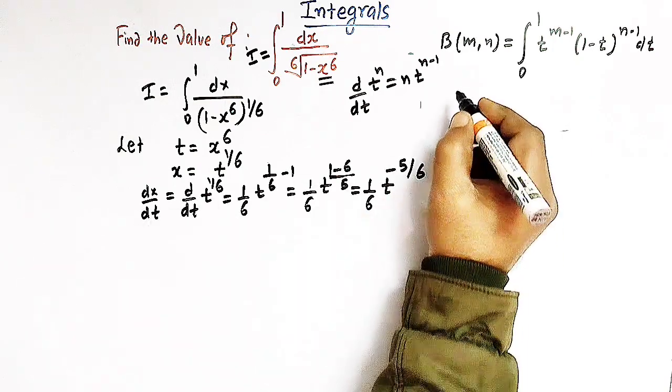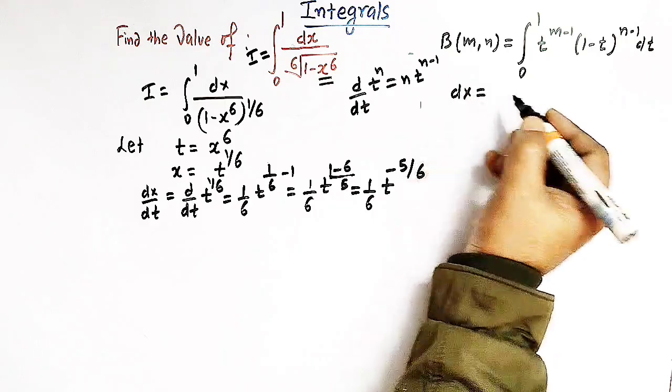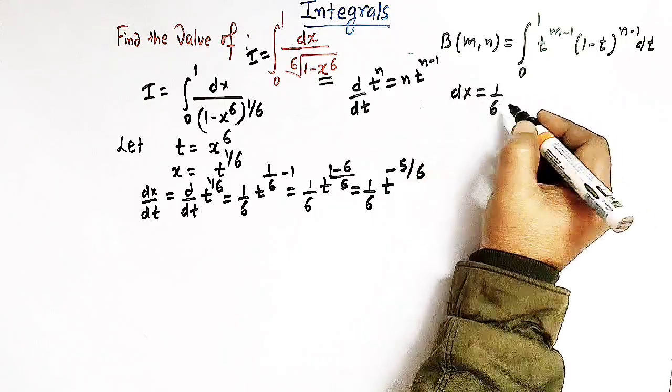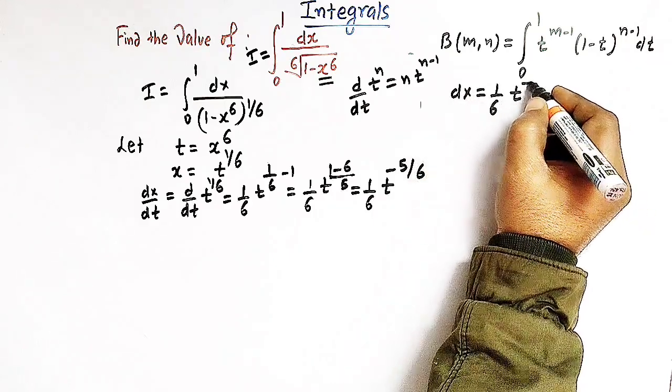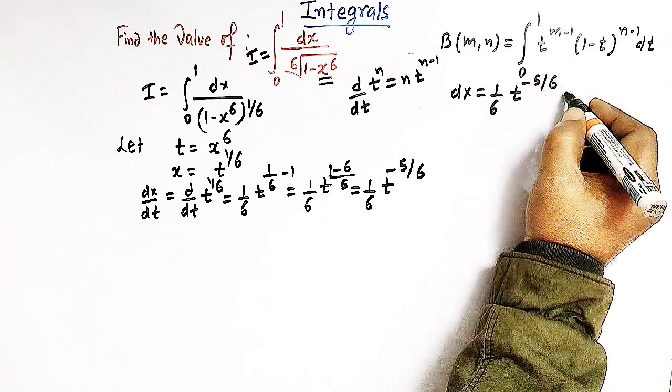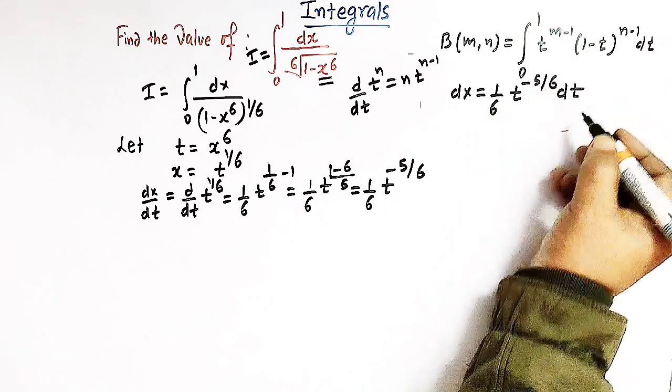So now we can write dx equals 1/6 times t^(-5/6) dt.